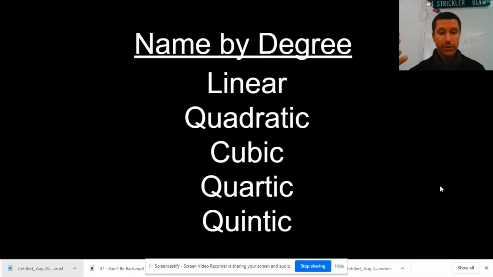Anything to the third is cubic, cube, 3-dimensional, 3, that makes sense. Fourth, anything to the 4th power or 4th degree would be quartic, like quarter, which you got quad and quart, so we just got to keep those separate. And then to the 5th power would be quintic, and then so on. We could just say degree 6, degree 7, degree 8. Though the names do get kind of fascinating when you move on.